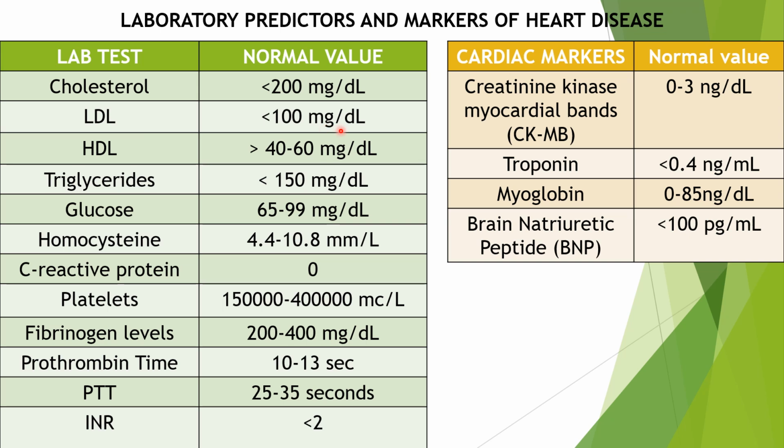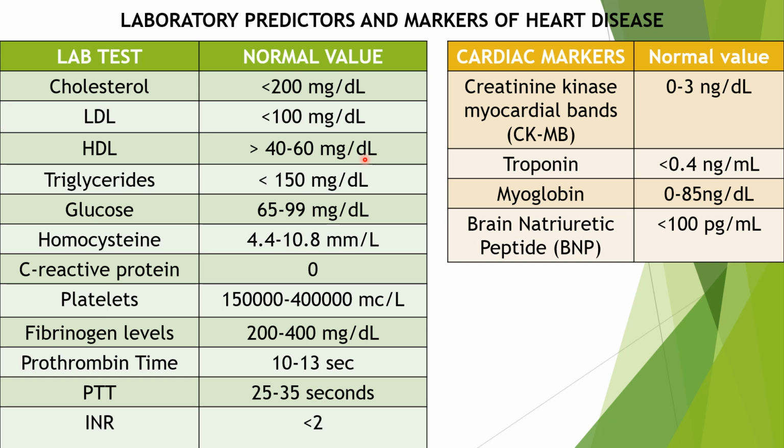And the high density lipoproteins are protective lipoproteins. They transport the cholesterol away from the cells to the liver for excretion. So HDL should be more. Its value should be more than 40 to 60 mg per deciliter, which is a good thing.